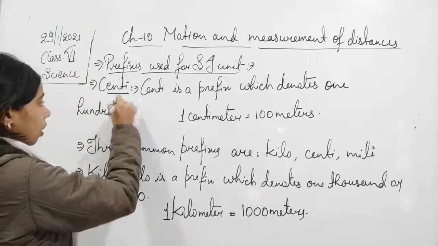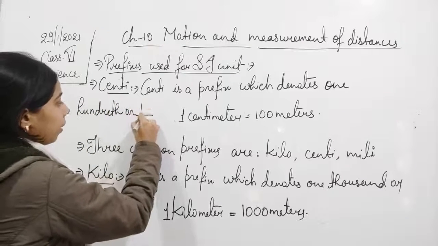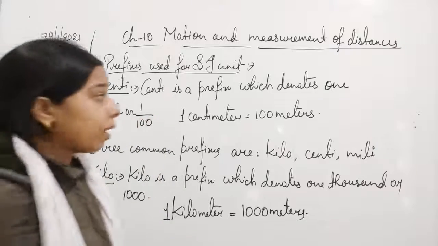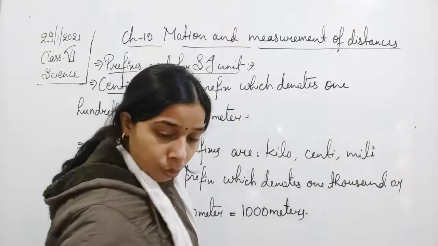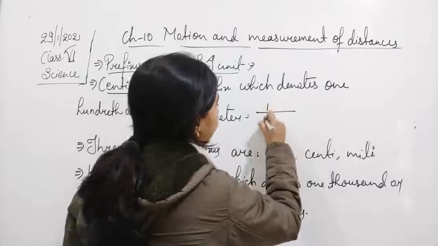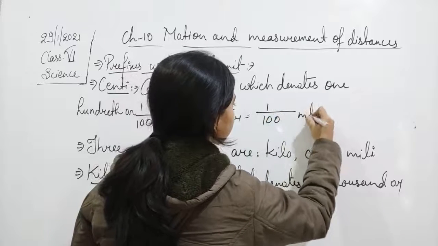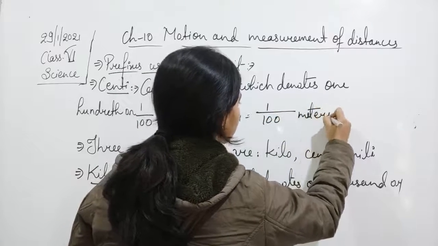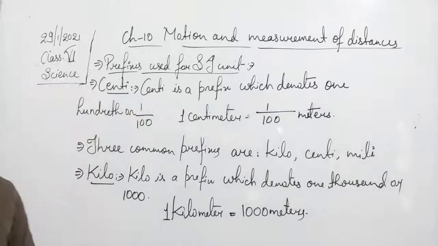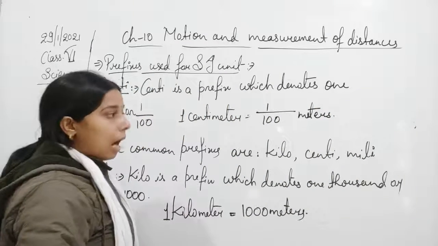It means 1 centimeter is equals to 1 by 100 meter.